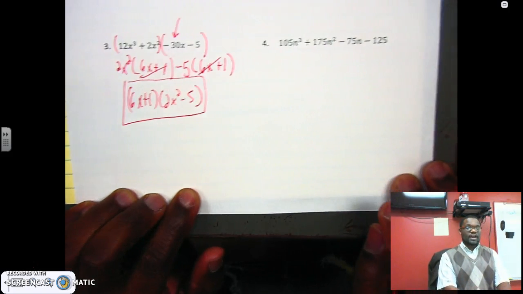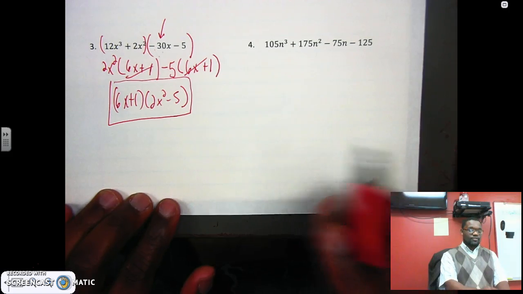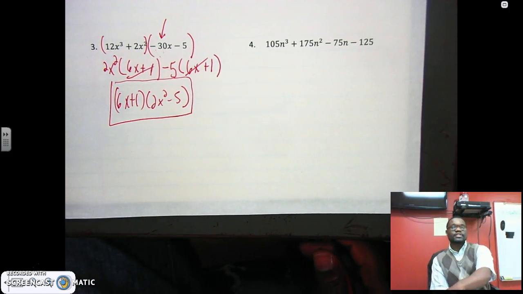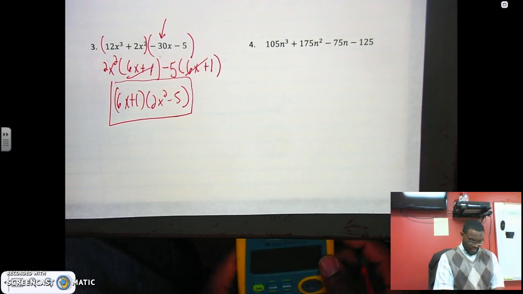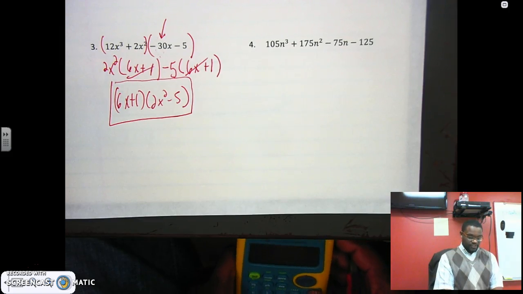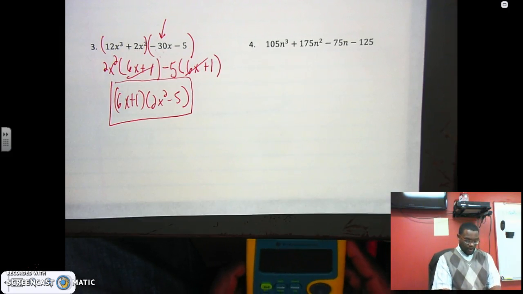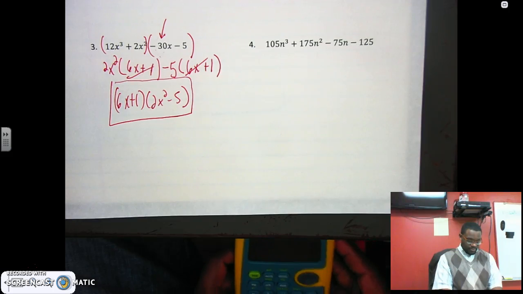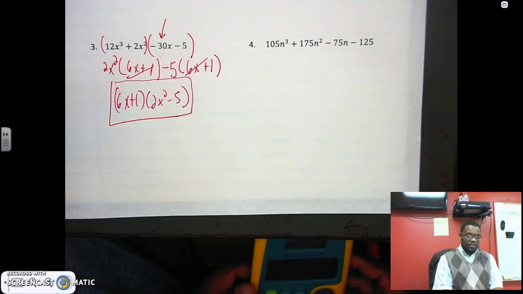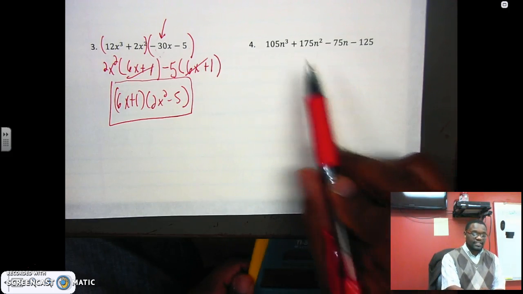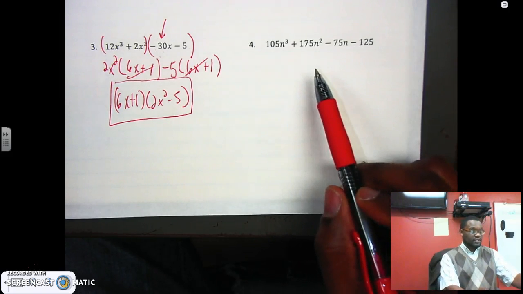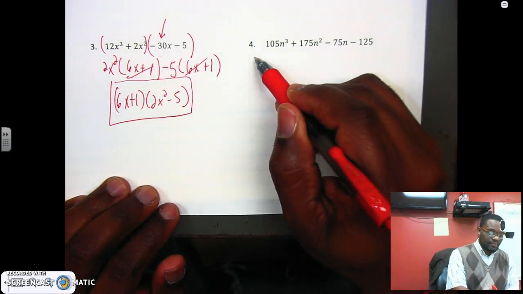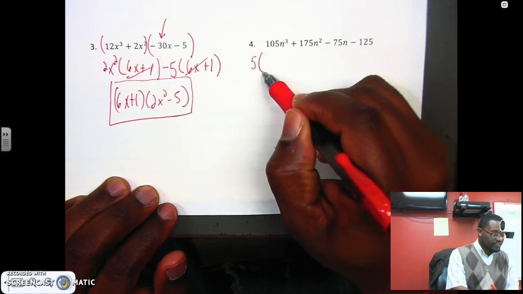All right, finally on number 4, I have 4 terms. In each one of these terms, I notice that all my coefficients are multiples of 5. They're all divisible by 5. So what does that mean? That means right off the top, I can factor out a greatest common factor of 5.